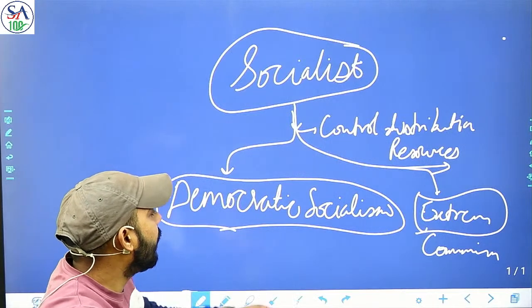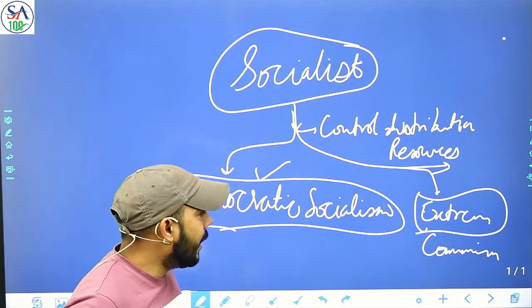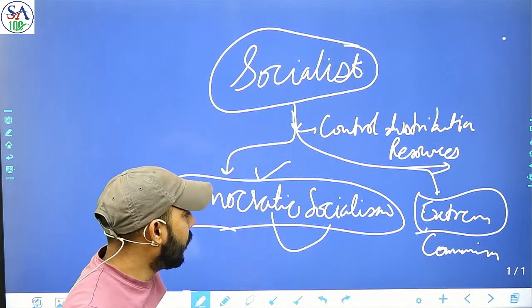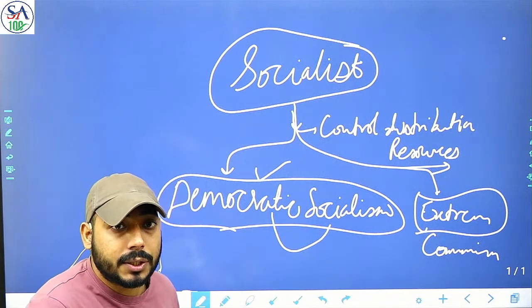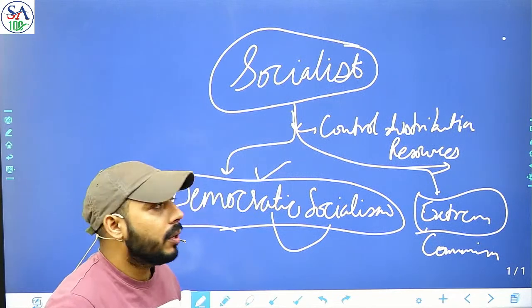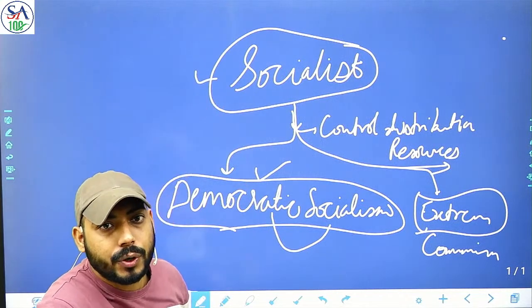In India, we have a democratic socialism blended with a democratic system, and its main objective is to create a just society based on the principle of equality. I hope the meaning of the word socialist is clear for you guys.